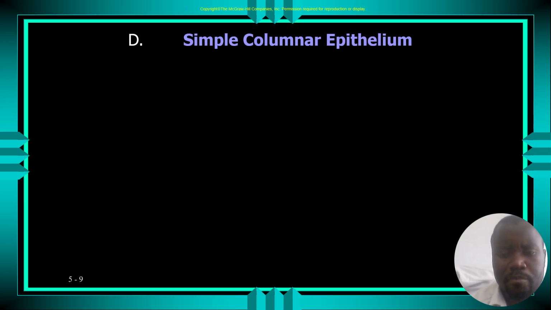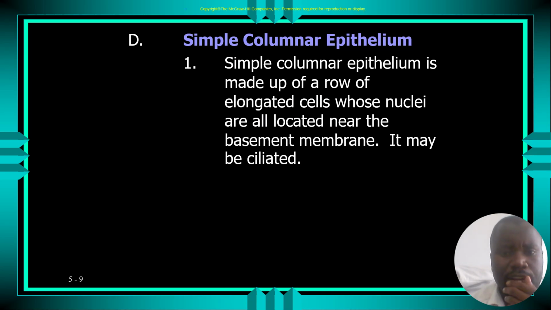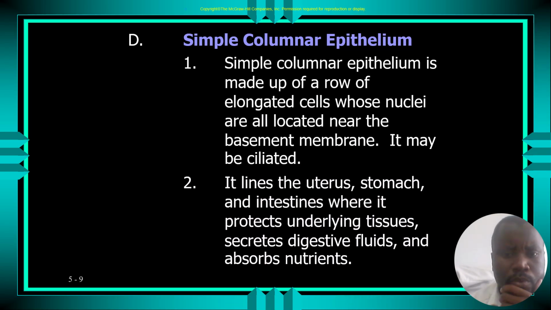Simple columnar, simple means one layer, columnar means tall cells. So simple, one layer of tall cells. And where do we find these? We find these lining the uterus, for example, the stomach, and intestines. What's their function? To protect the underlying tissues, and also in the secretory function for digestive fluids and the absorption of nutrients.